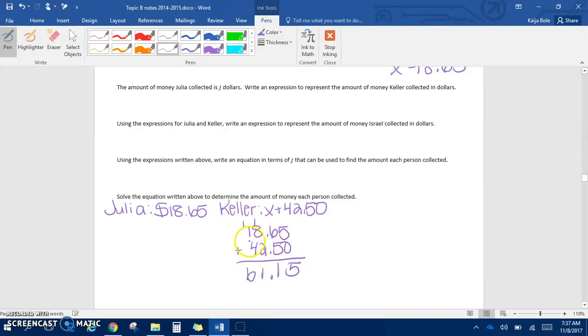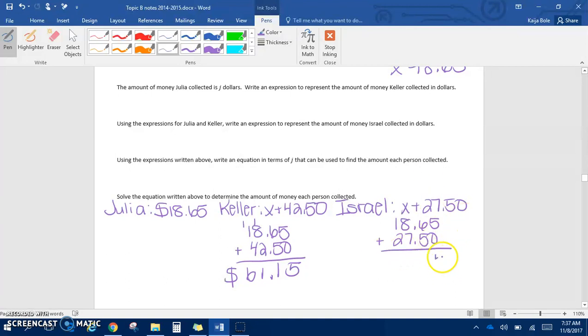So that means that Keller collected $61.15. And then if we look back at Israel's equation, his equation was X plus 27.50. So that means he would have 18.65 plus 27.50.